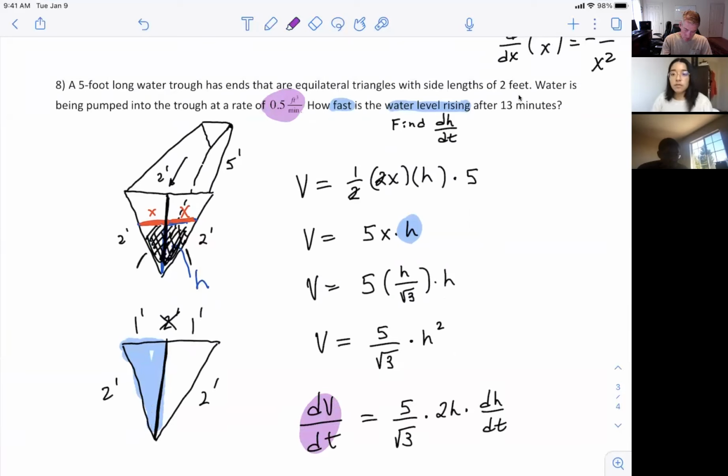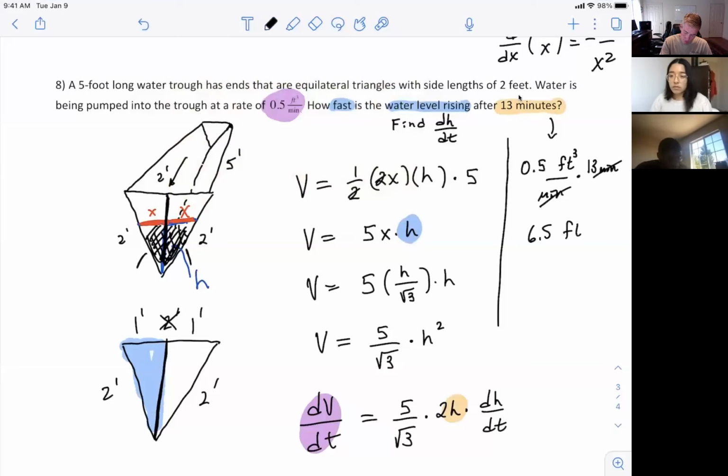And then the thing is, we also need a number for this h right here. And that's where the 13 minutes comes in. So in 13 minutes, if it's going at 0.5 cubic feet per minute, and then you let that go for 13 minutes, well, then the minutes are going to cancel out, and it's a half of 13, so that's 6.5 cubic feet.